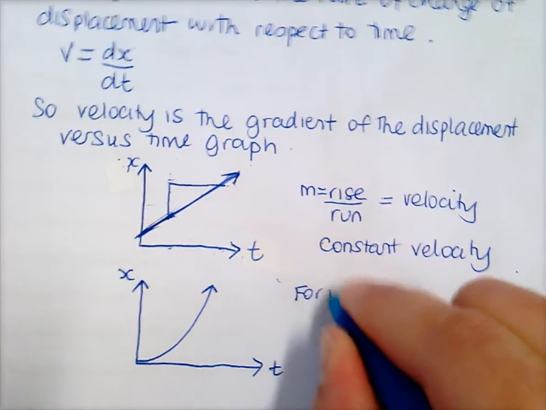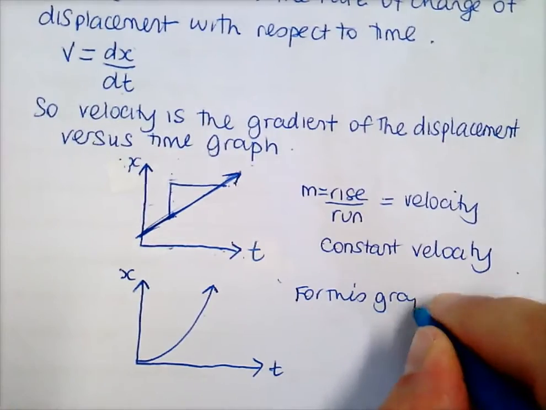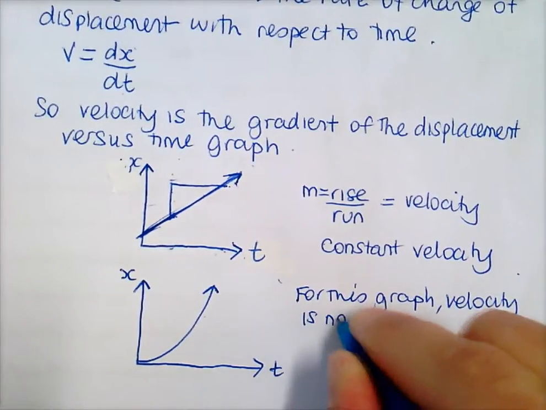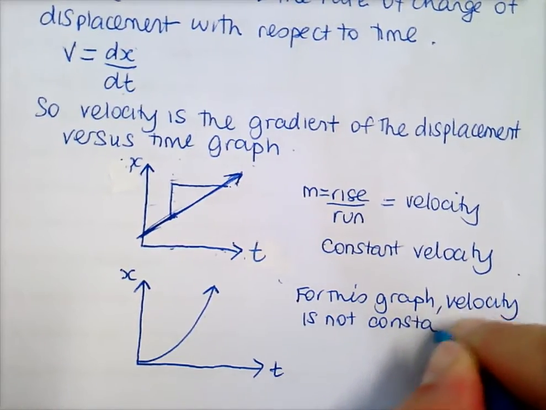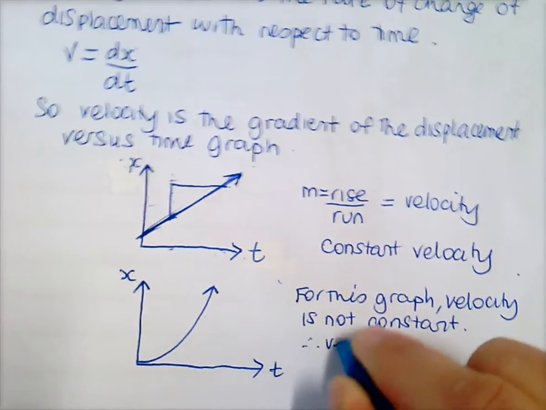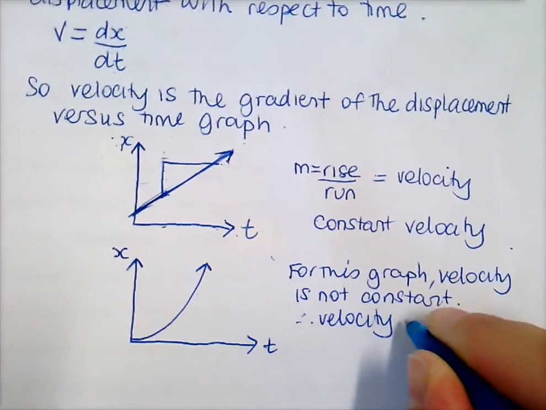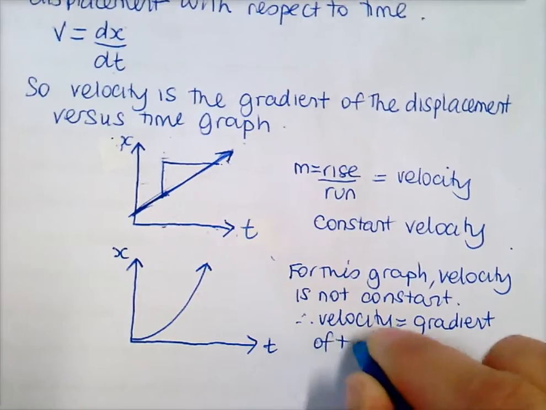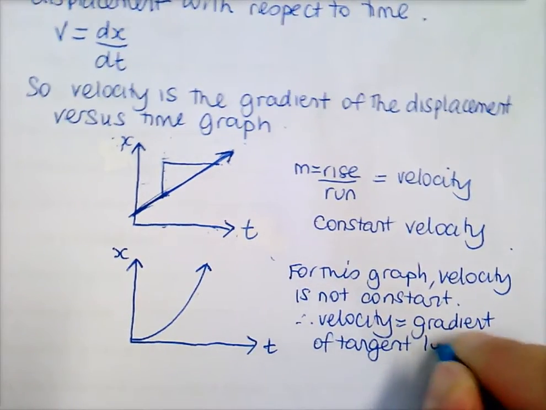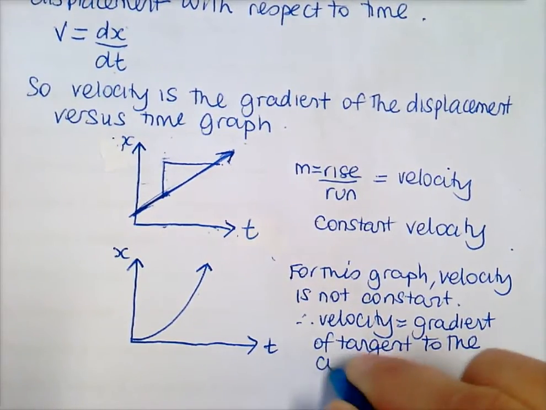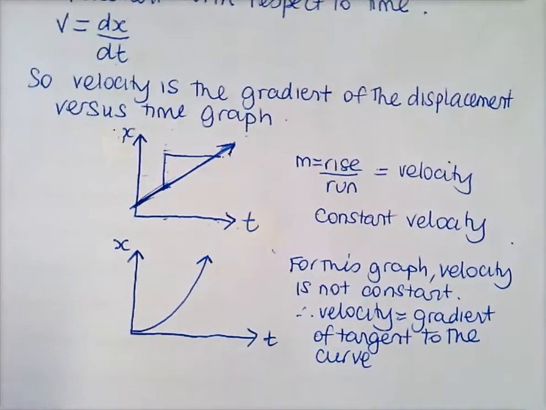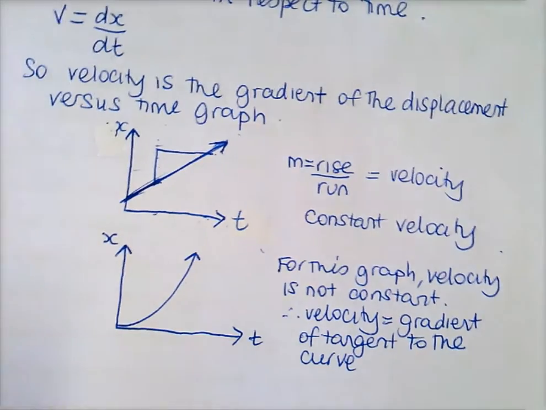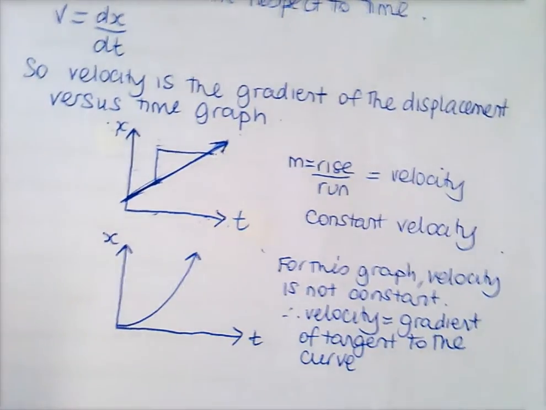So for this graph, velocity is not constant. Therefore the velocity equals the gradient of the tangent to the curve at that particular point. So velocity at a particular time is the gradient of the tangent to the curve.